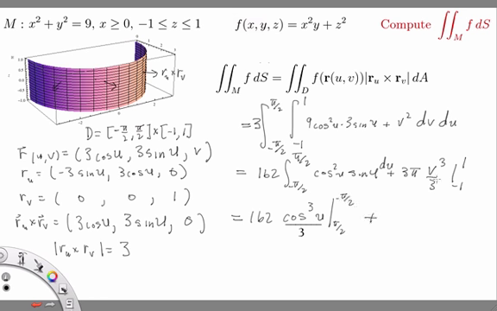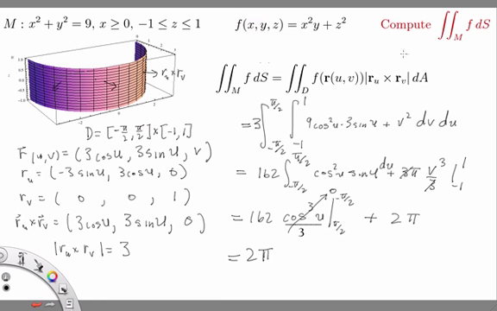And then I get plus, and when I plug in, these 3's cancel out. When I plug in 1, I get 1, and when I plug in negative 1, I get negative 1, so the difference is 2, so I get plus 2 pi. Now on the other hand, when I plug in plus or minus pi over 2, cosine goes to 0, so this whole term goes to 0. So in the end, I'm left with simply 2 pi.